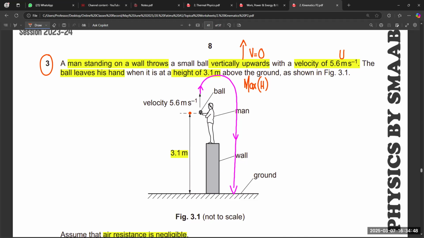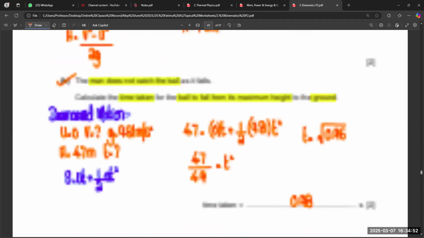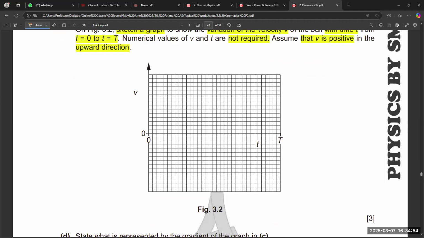And from the speed time graph, because in the question a speed time graph is given, we know that the area under the curve represents the distance.